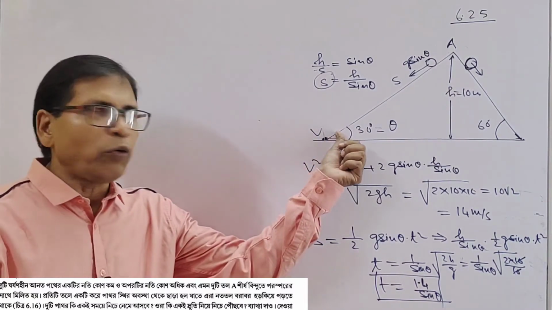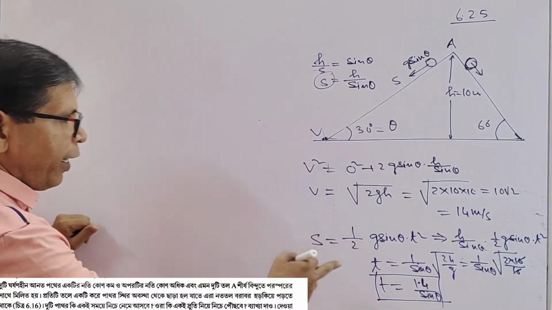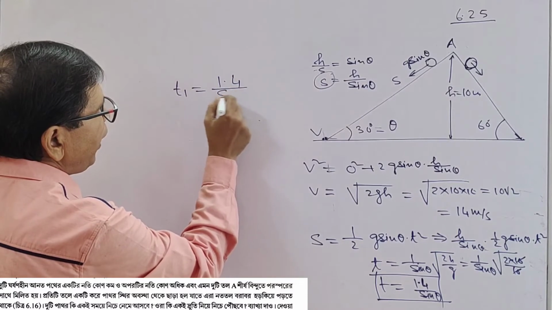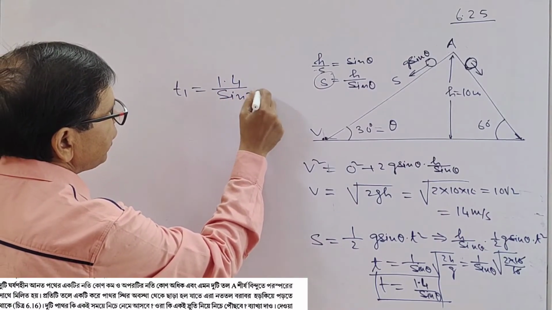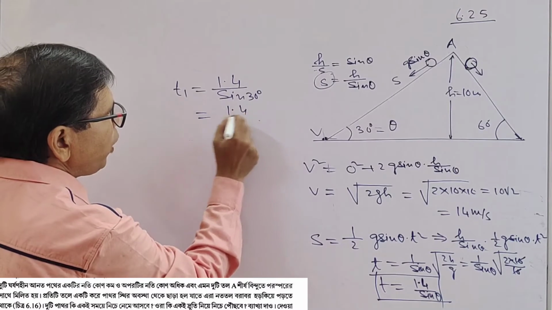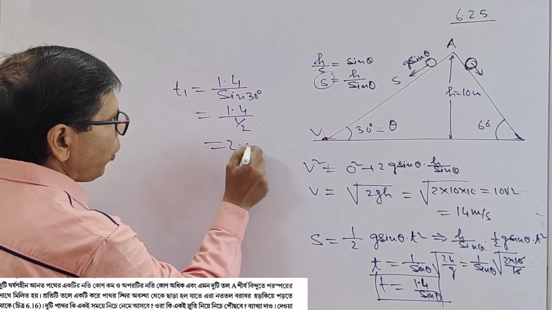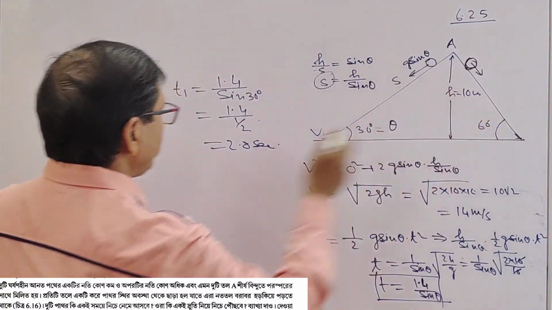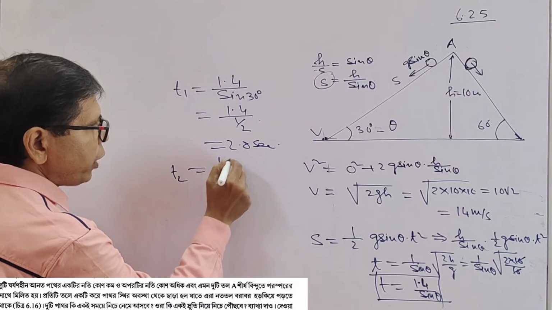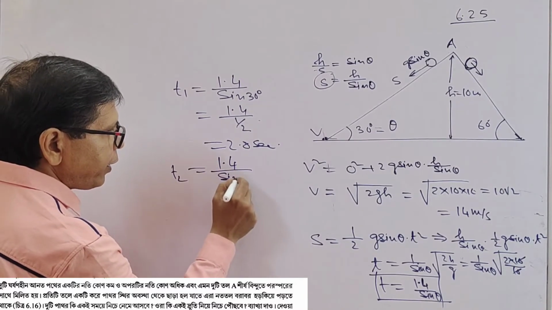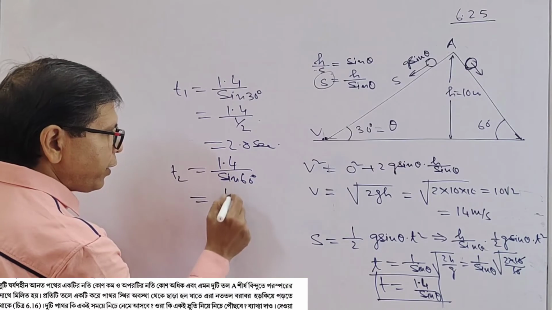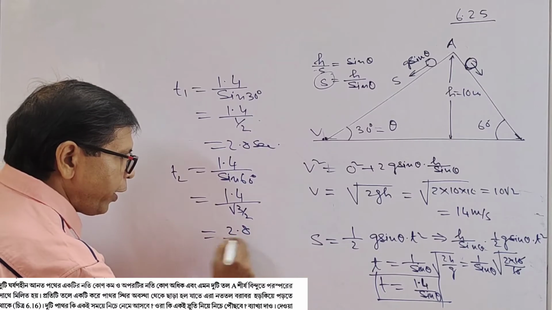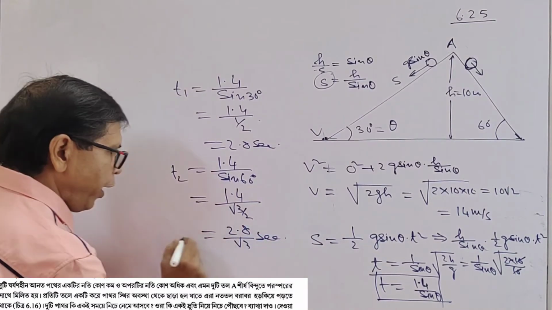Now we calculate the time of fall of this body. Here θ = 30°, so t1 = 1.4 / sin 30°, which is 1.4 / ½, so 2.8 seconds. Now for this body, t2 = 1.4 / sin 60°, which is 1.4 divided by √3/2, so 2.8/√3 seconds.